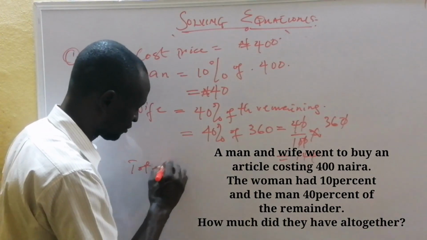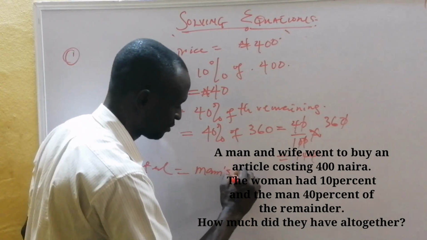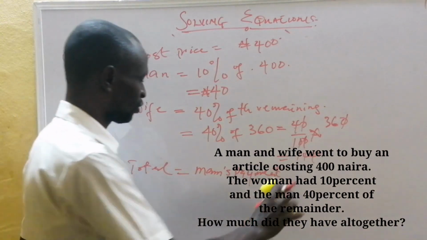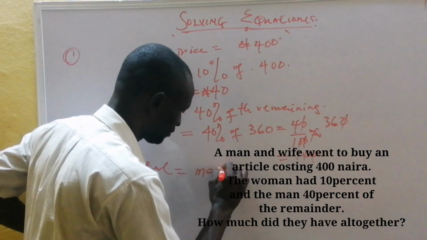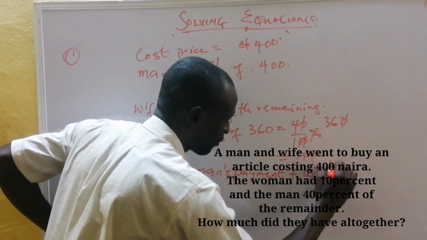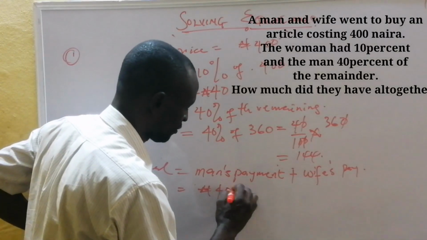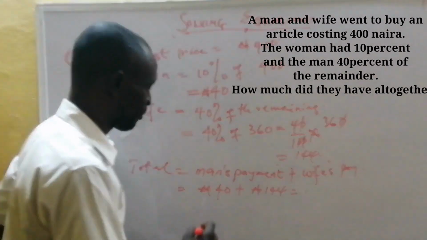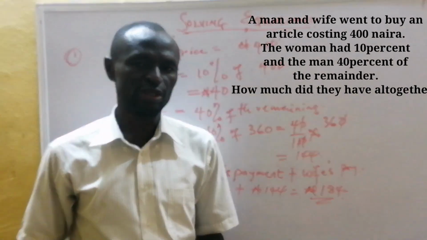Total payment they made is equal to the man's payment plus the wife's payment. That's equal to 40 naira plus 144. Totally, both of them would have paid 184 naira.